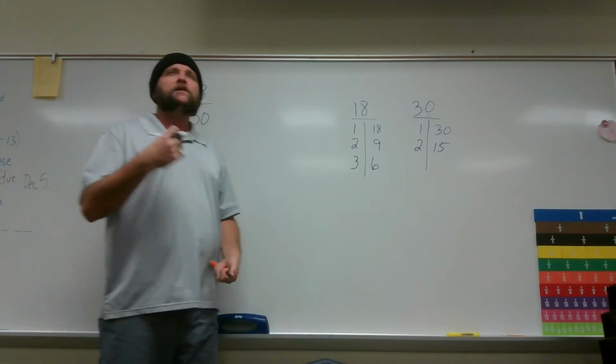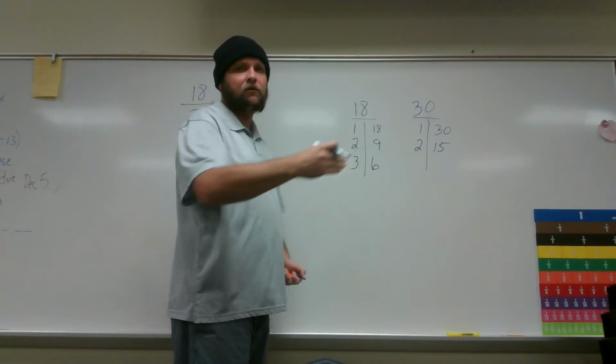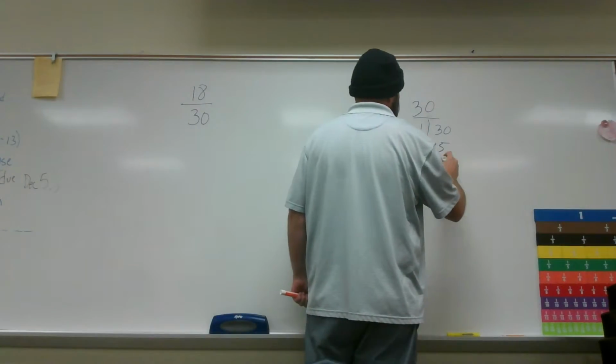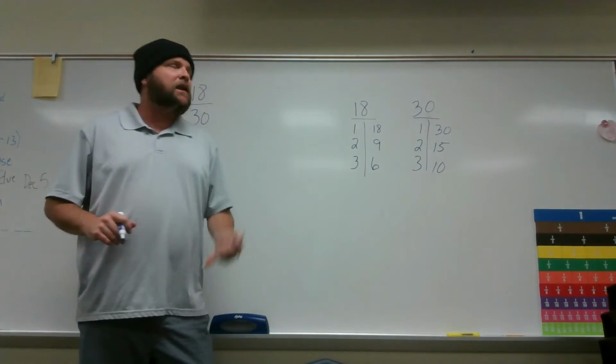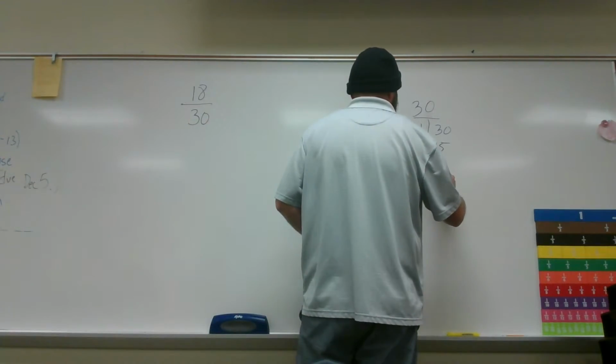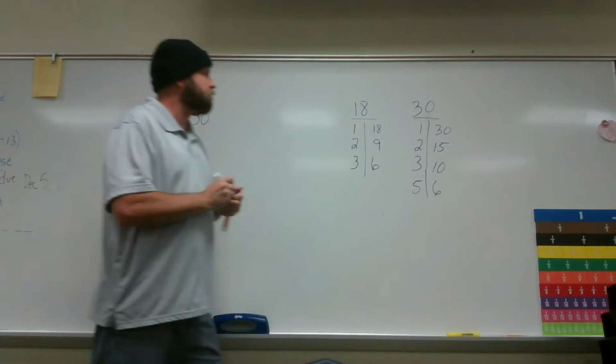The sum of the digits in 30 is 3, so 3 and 10. It ends in a 0, so it must be 5 and 6.